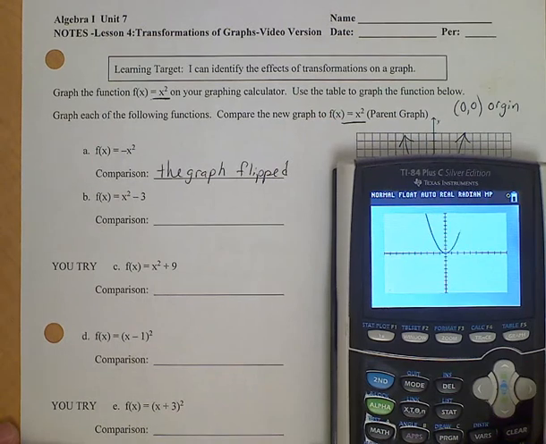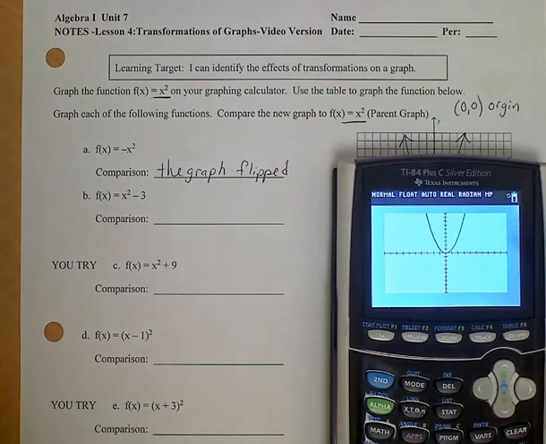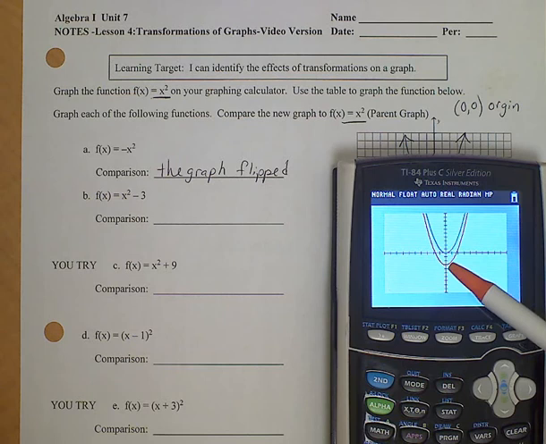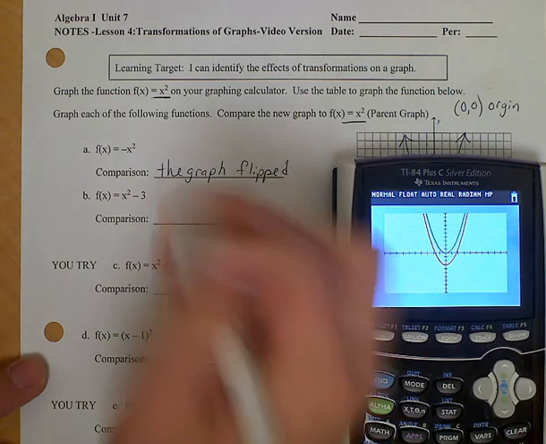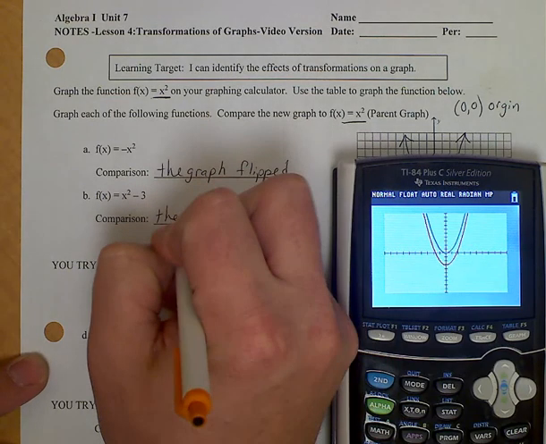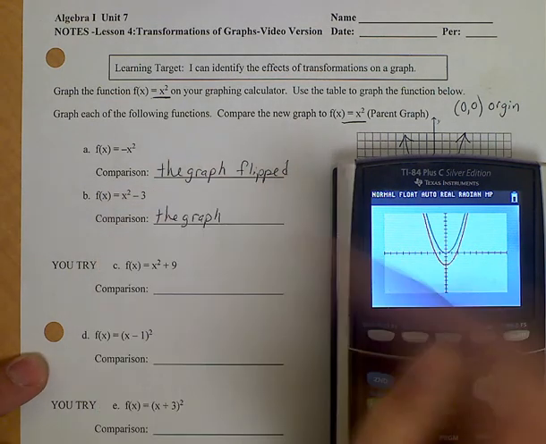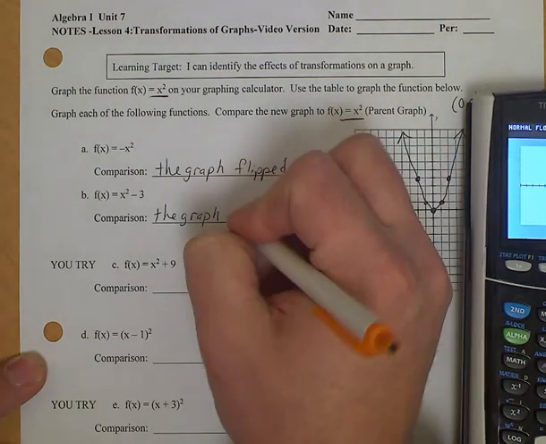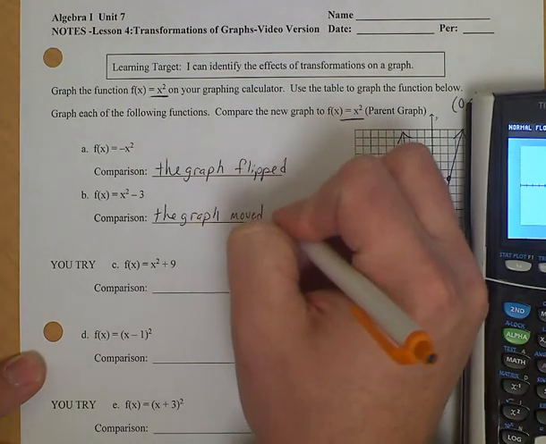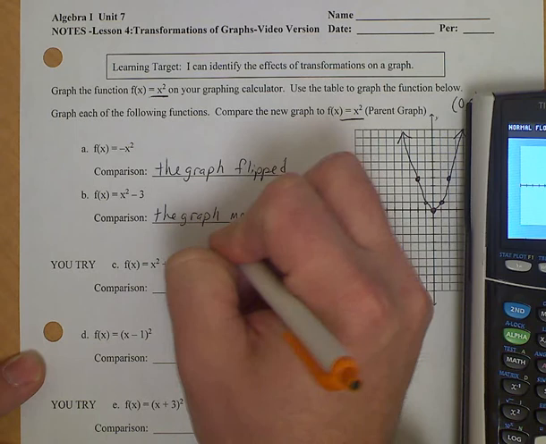That's my parent function, the main one, just x squared. And x squared minus 3, what happened? It's the same exact graph, except that it moved down 3 units. So the graph moved down 3 units.